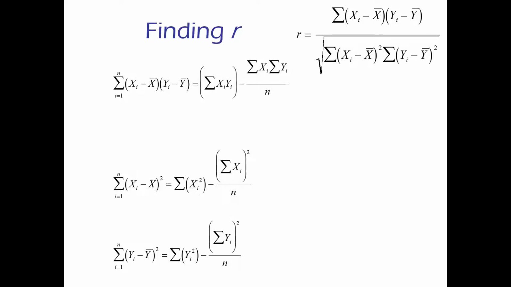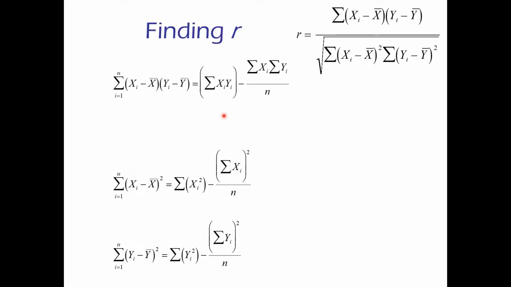Now, let's do the calculation together. In previous slides, I already showed R is estimated as the sum of cross products divided by the square root of the sum of squares. Here, I did some transformation of the formula to simplify the process.